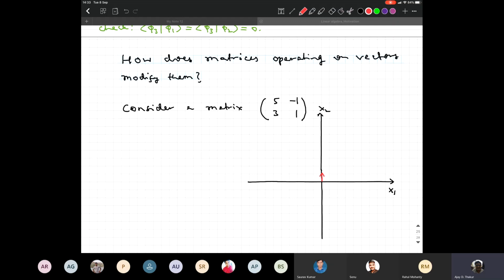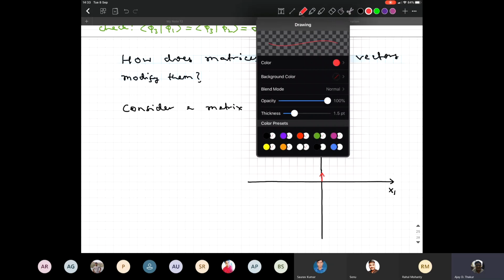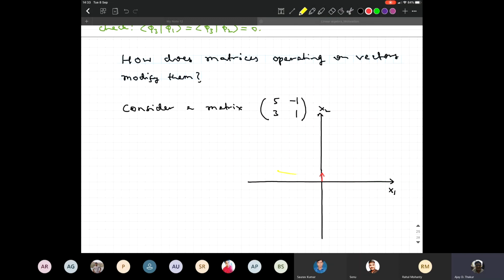So 0 projection along x1 axis and 1 projection about x2. So this one would be 0, 1. Let me use a very faint color to mark it. But I think that's not very visible. Let's not worry about it.